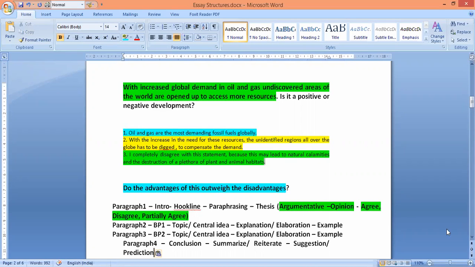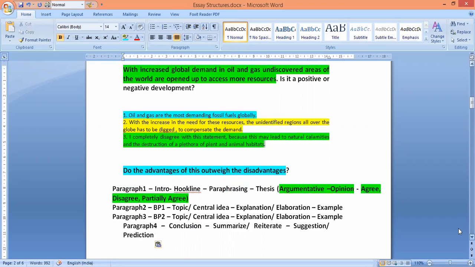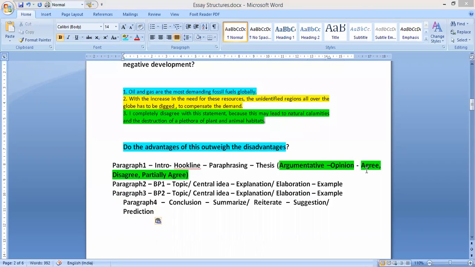Whatever opinion you like, let's say you agree that the advantages outweigh the disadvantages. So what you need to do, I would say in BP1, you write the two advantages.